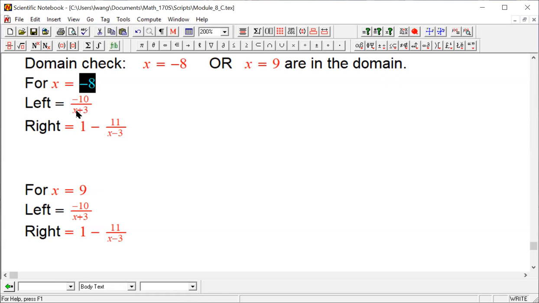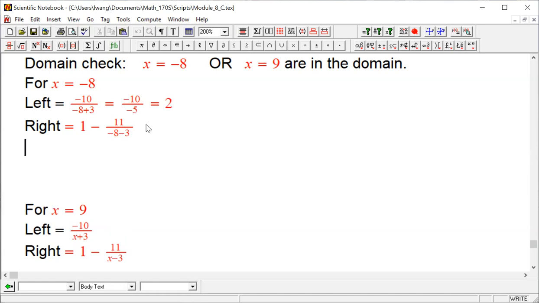x is replaced by negative 8. The left-hand side is negative 10 over negative 8 plus 3. So we're going to do negative 10 divided by negative 5. That's going to be positive 2.